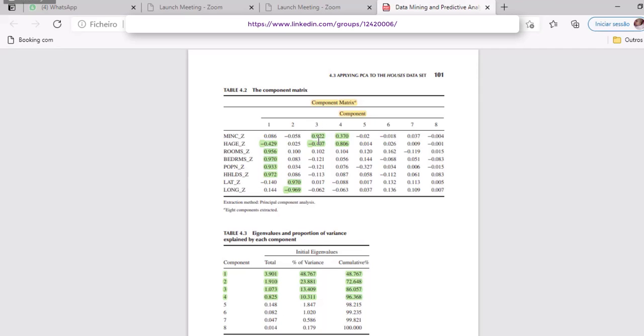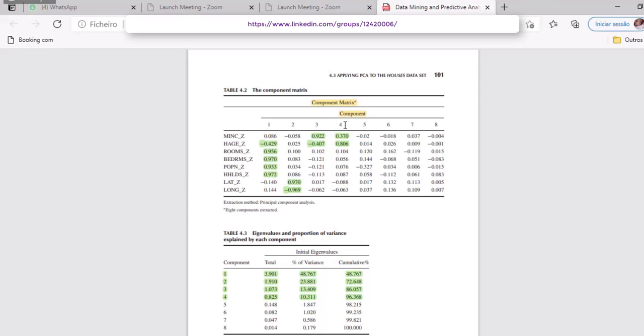And the third component is explained mainly by the mean income, which is the first variable, and a little bit by the house age, which is the second variable. So the house age is negatively correlated to the first component and the second component, but not directly, because it has only a weight of 0.4.